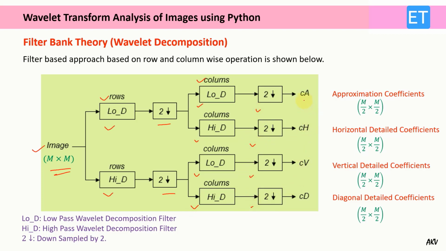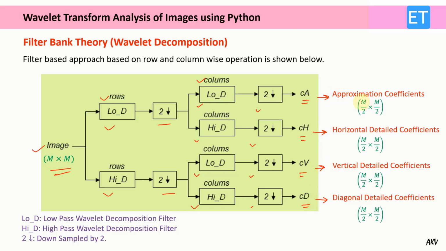And by this we get all the 4 matrices which represent the wavelet coefficients. The first one is known as the approximation coefficient, the second one is the horizontal detail coefficient, the third is the vertical detail coefficient, and the fourth one is the diagonal detail coefficient.